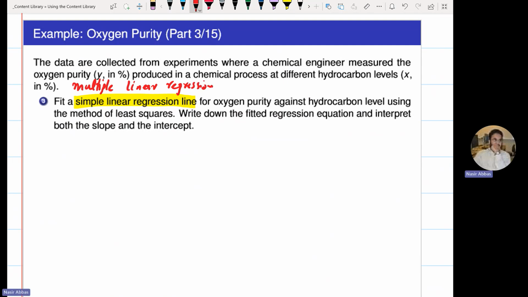What is the difference? Simple is one feature, multiple is chapter 12, many features. So the word simple means you are in chapter 11. The word multiple means you are in chapter 12 with more than one feature. Fit a simple linear regression for oxygen purity.